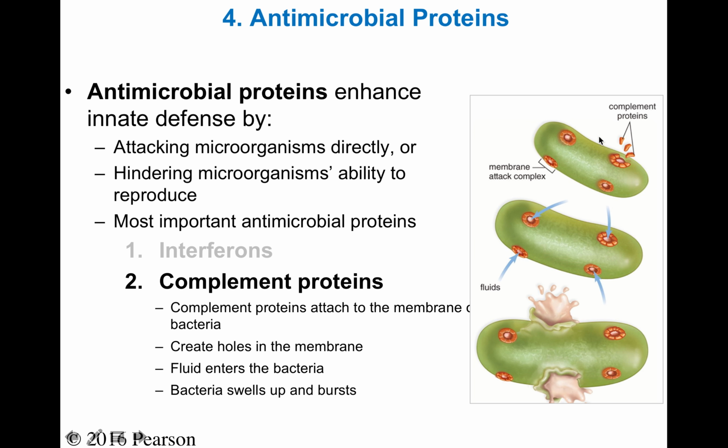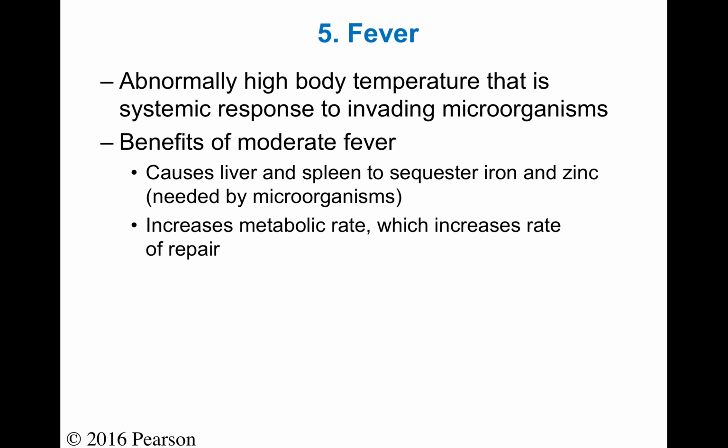Green in this picture is your bacteria, and the complement proteins are the orange. What this complement protein does is create tiny pores throughout the wall of the bacteria, which allows fluid to come into the cell, making the bacteria swell and eventually burst, causing the destruction of the pathogen.